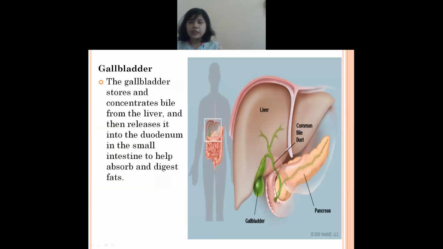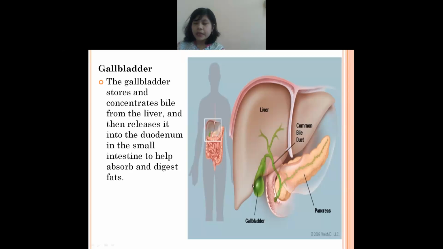And this gallbladder, what will it do? It will store and concentrate, making concentrated bile, and it will release it into the duodenum. Duodenum, you remember, the small intestine, which helps in absorbing and also digesting fats. Did you understand? Yes, ma'am.